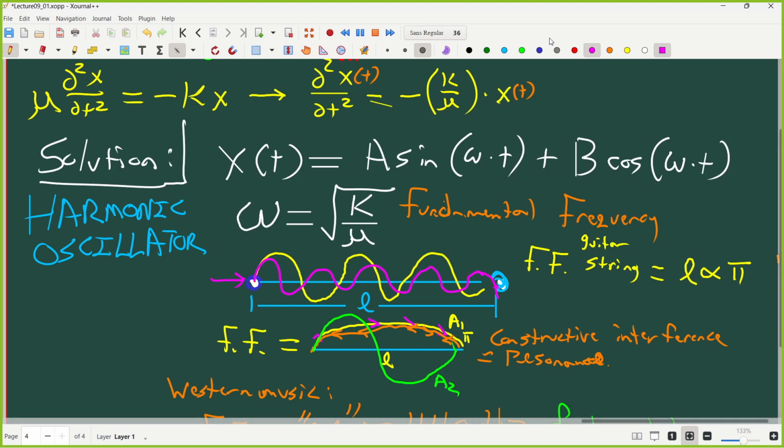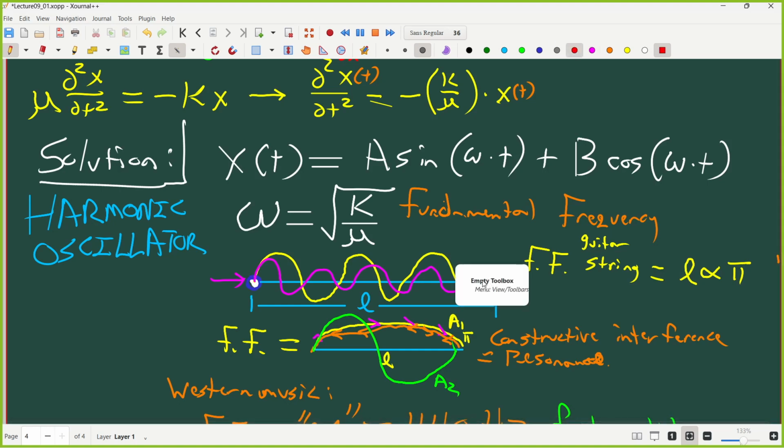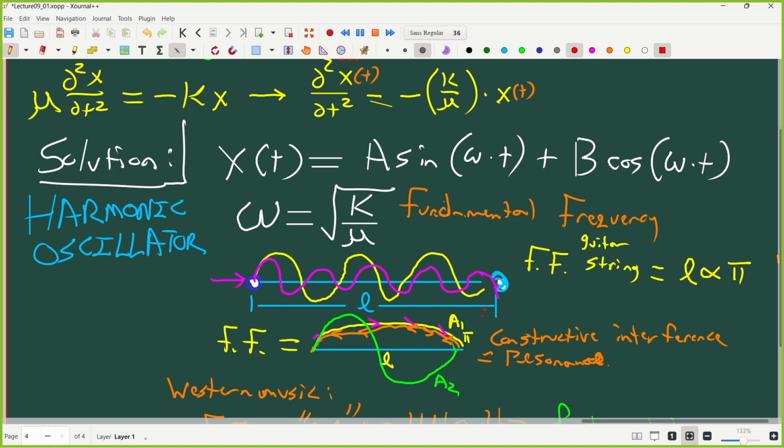Well, it's going to be kind of off sync from the previous one. It's going to be like this instead when it bounces back. Right? And when you add those waves' contributions together, the bounces, they destructively interfere and cancel each other out. Right? So the only strong sounds that you get out of your string are the harmonics of the fundamental frequency. Otherwise, you get destructive interference.